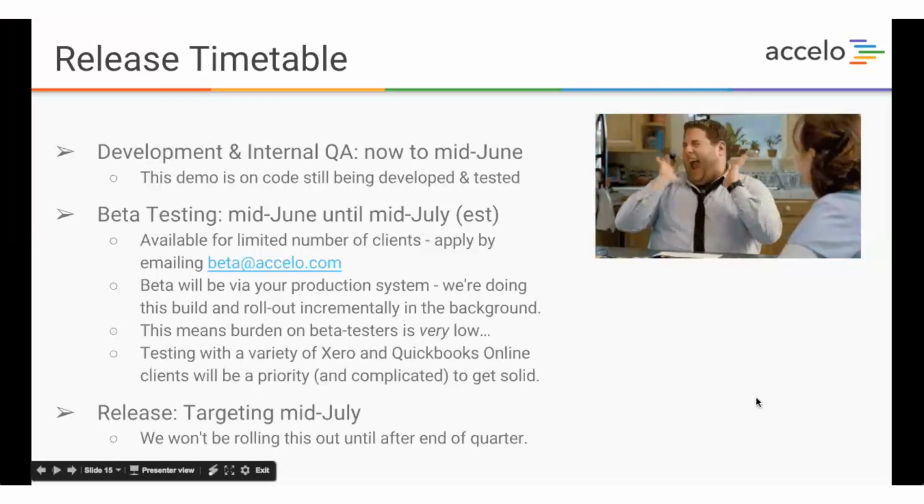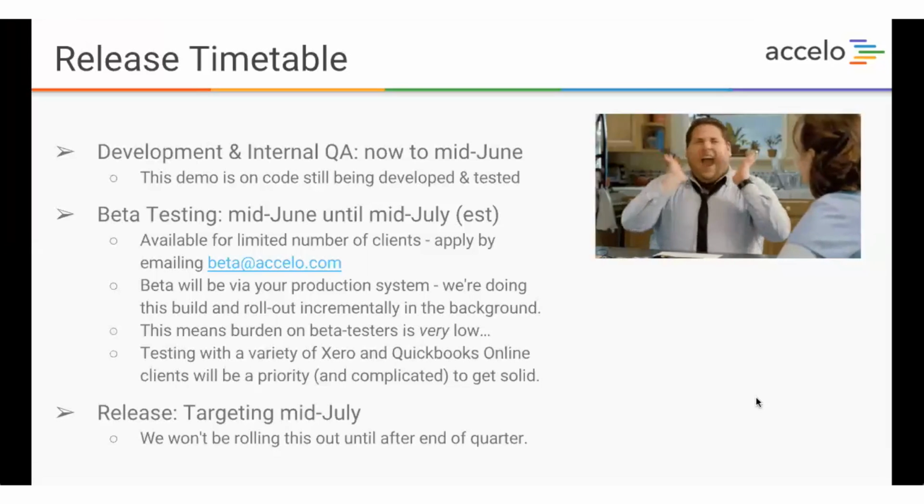We'll be looking to test with a variety of clients on both Xero and QuickBooks Online, because there's a lot of work in making sure that synchronization is the way it should be, really tight, really smooth. So yeah, very keen to hear from folks who are using those products that want to be part of the beta. And then lastly, we're targeting a mid-July release.